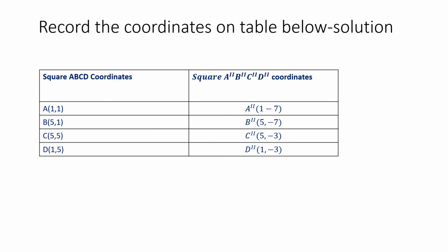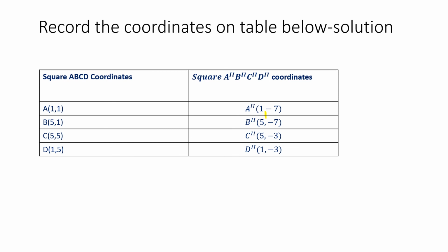A double prime is (1, negative 7). B double prime is (5, negative 7). C double prime is (5, negative 3). D double prime is (1, negative 3).